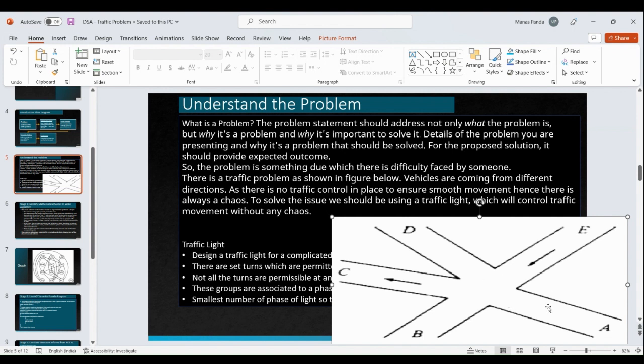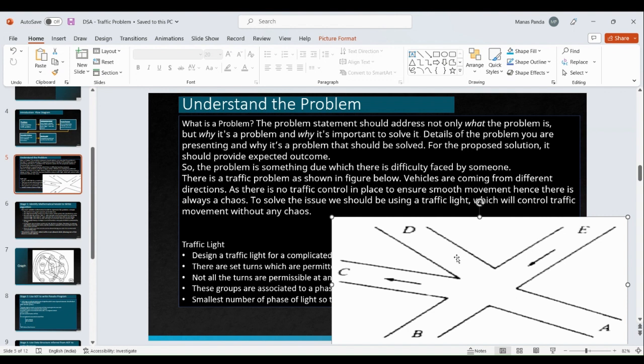For example, one is going from A to D. The person coming from E has to stop because he cannot move ahead, because here the traffic is flowing now. So that's how we have to look at it. By placing this traffic light, this problem will be solved. The other person will not come when there is a flow from A to D.